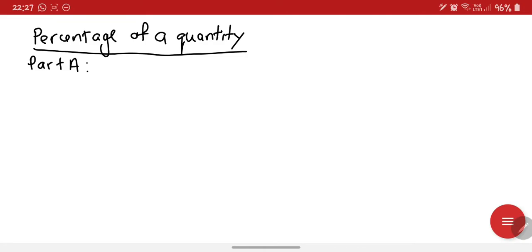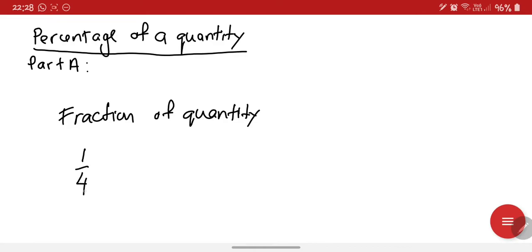Percentage of a quantity. Now before we dive into this topic, we have to recap what we did last week, which was fraction of quantity. Fraction of quantity, like we did last week, for example 1/4 of 16.